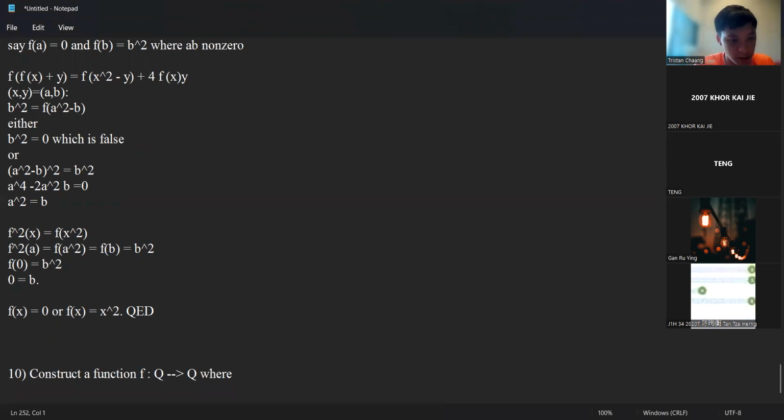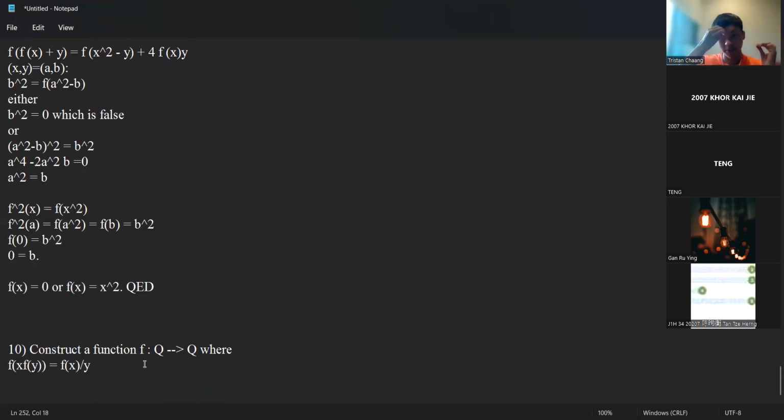Where f(x) f(y) equals f(x) over y. So we just want to construct one function, that's all. And of course, if it asks like that, then, well, f(x) equals 0. Wait, hang on.